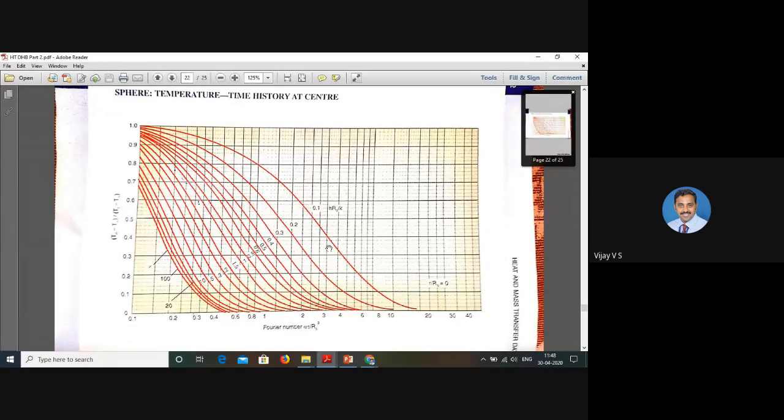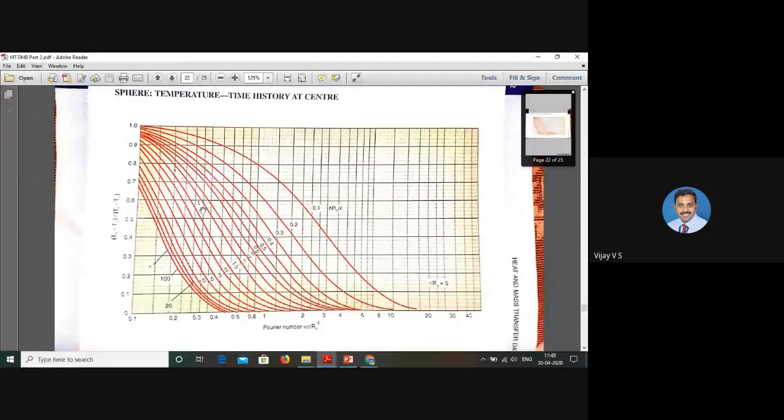Now Biot number is 1.323. So this is one line. This is 1.1. This is 1.5. So 1.3 it will be in between. So 1.3 and 0.28 means 0.3. 1.3 and 0.3 will be somewhere here, around 0.55.